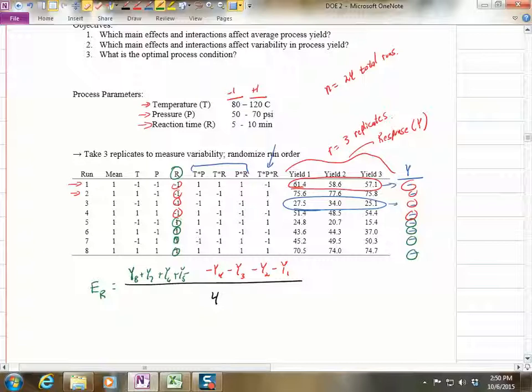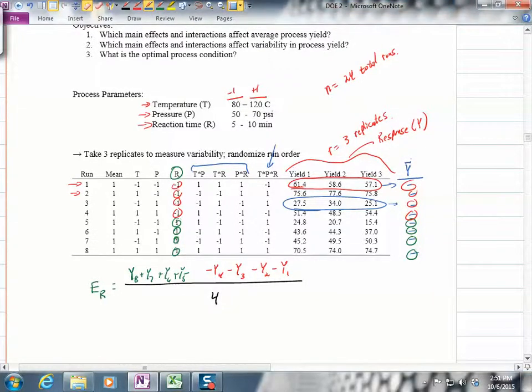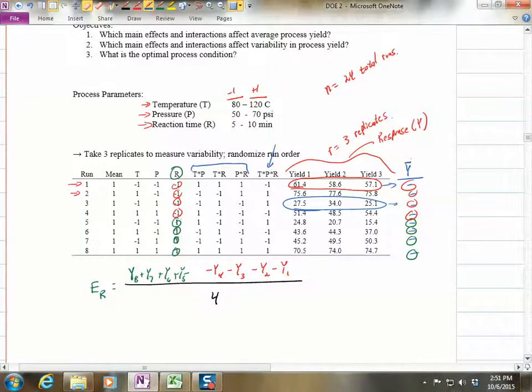We'll learn about later how you can just list all these 24 runs all the way down and do it that way. That's actually how Minitab prefers it. But for right now, good question. And I'll just say by taking the average, we still have 4 estimates of whether these averages go from high to low.